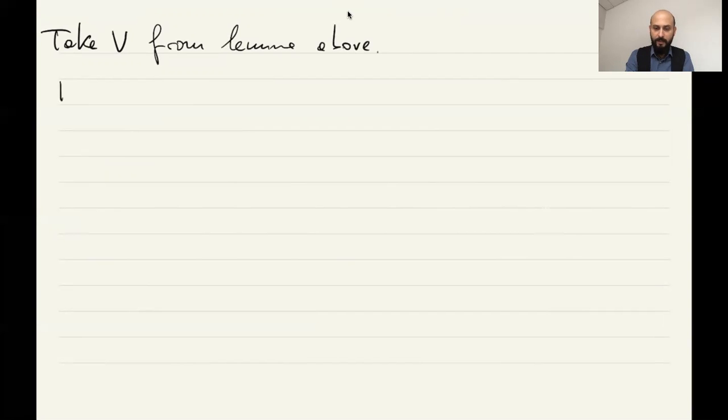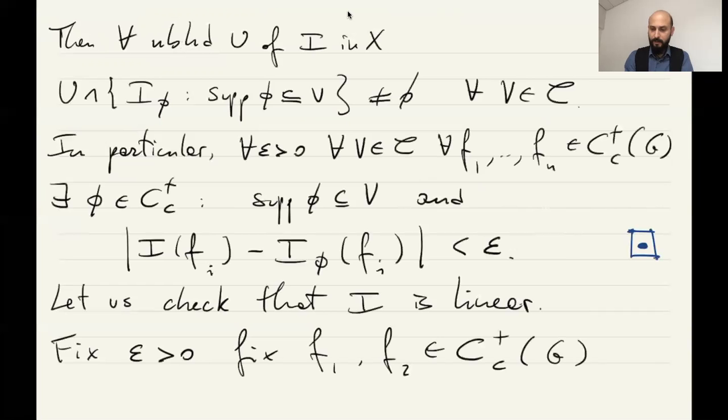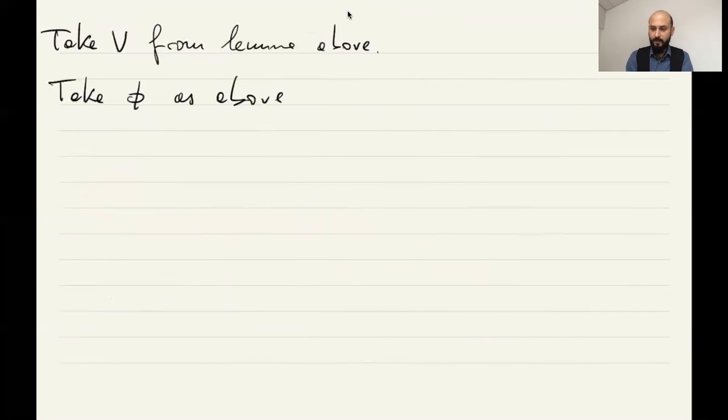Okay, and then we take phi as above, I mean here, and we take the phi for such a v, to have this property as above in this equation here.